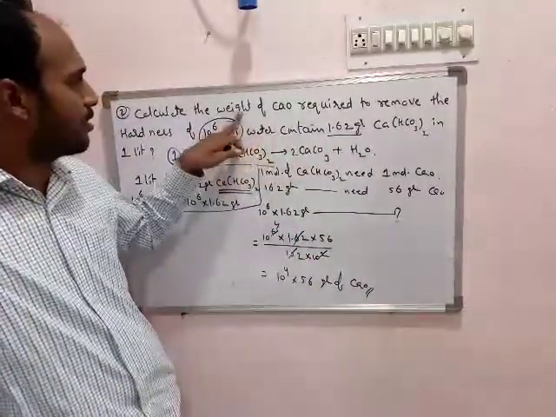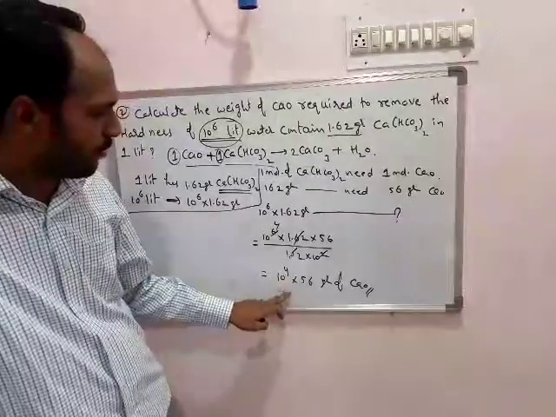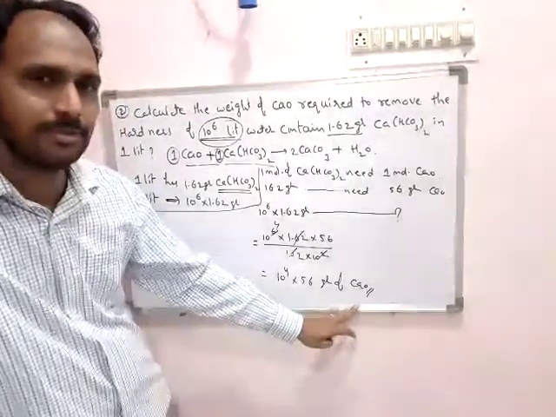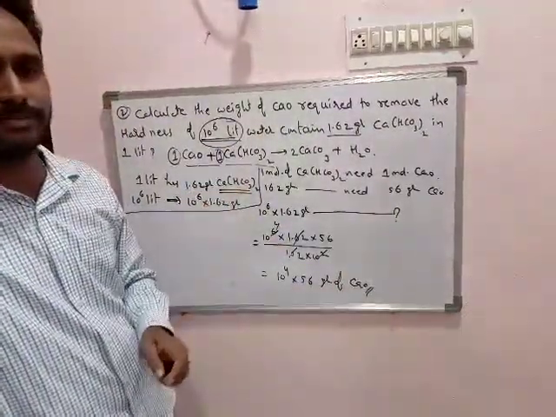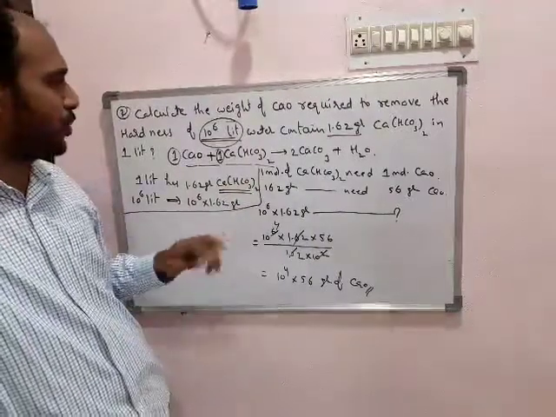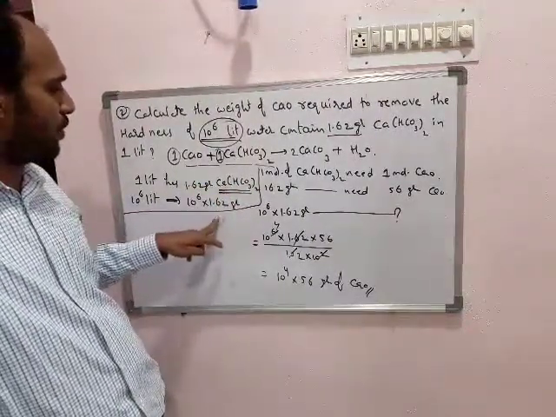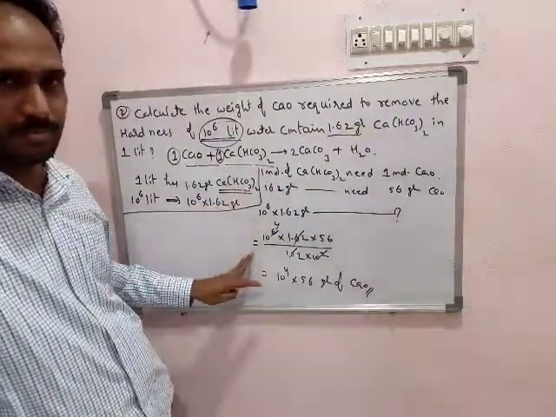The answer must be in weight, so no need to convert into moles. Here 56 into 10 power 4 grams of CaO is required to remove the hardness of water due to the presence of this much, 10 power 6 into 1.62 grams, of calcium hydrogen carbonate. Okay.